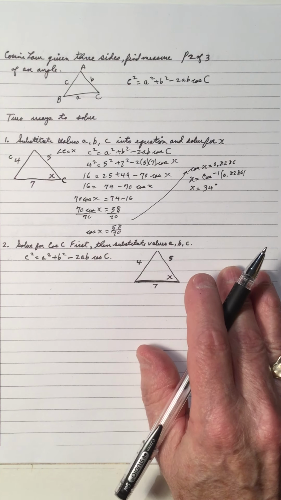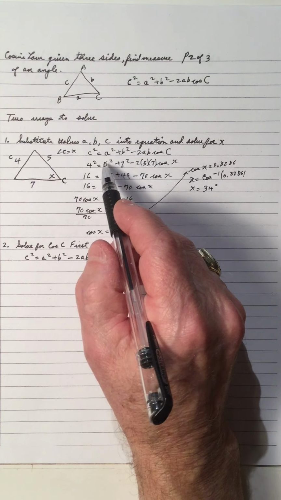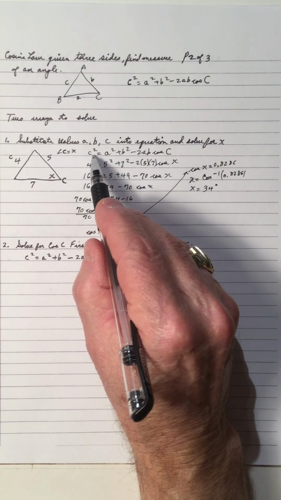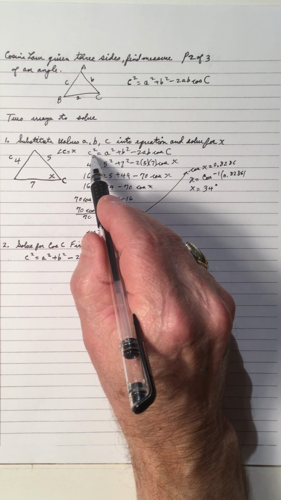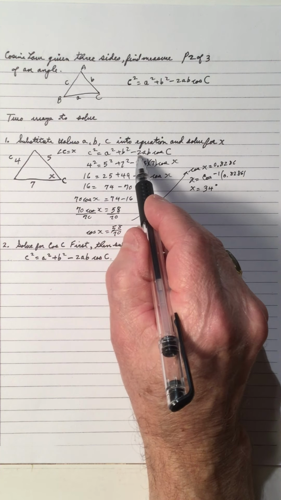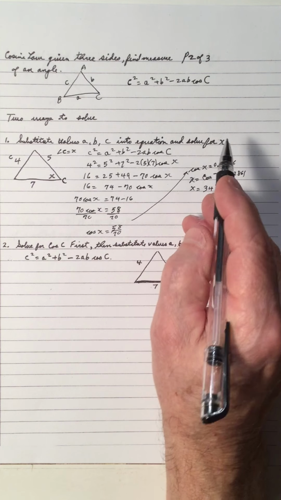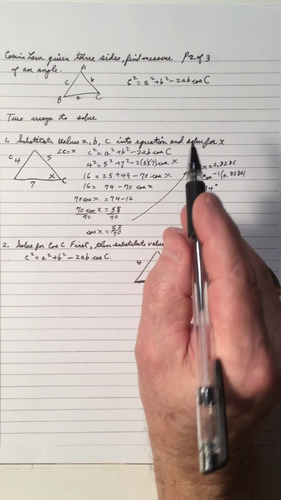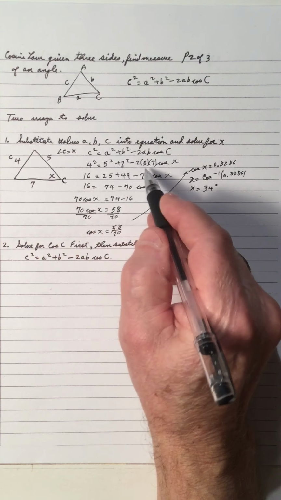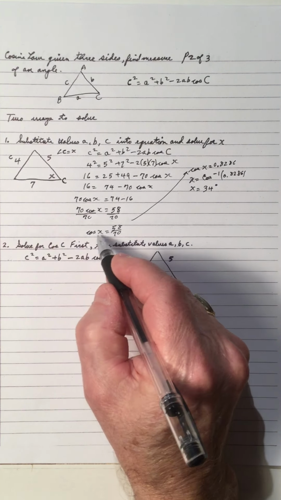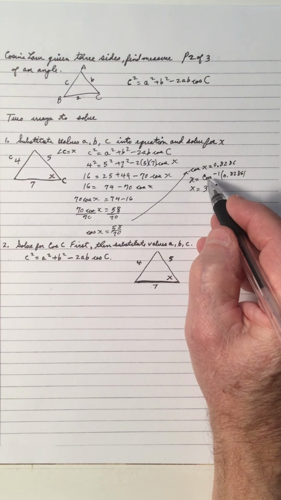Another way. I like either way because I've learned that using the cosine law, I go c squared equals a squared plus b squared minus 2ab cos c, and then I sub into it. In this case, I'm subbing in the three sides, and I'm solving it for cos x and then working out the answer.